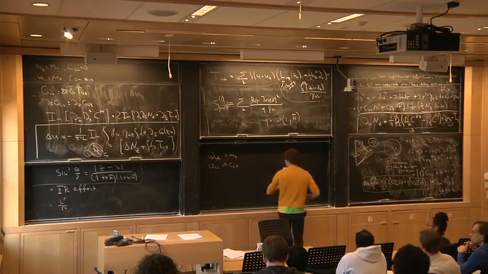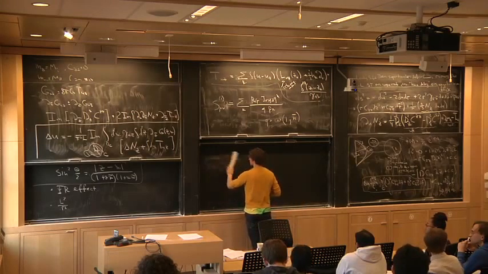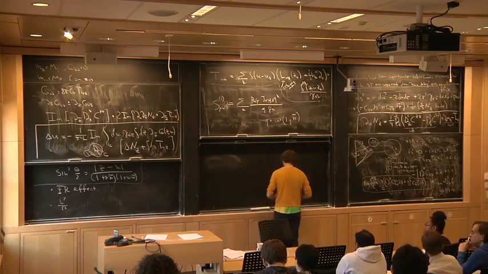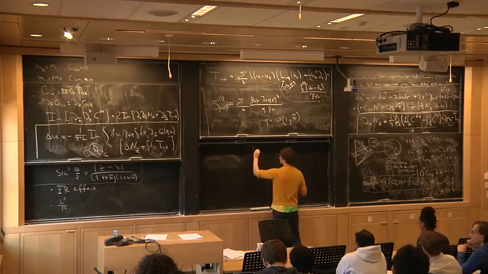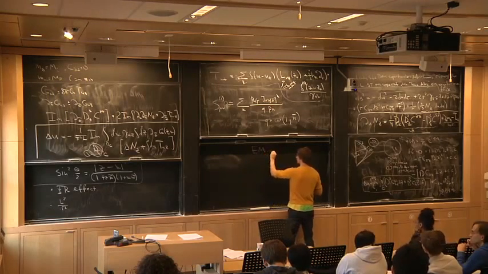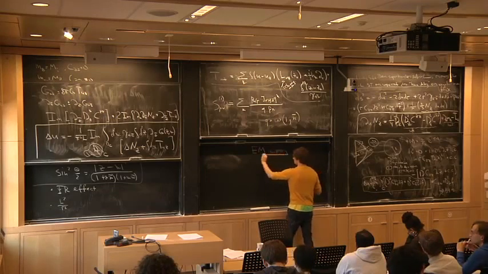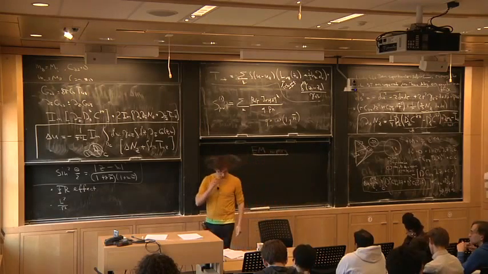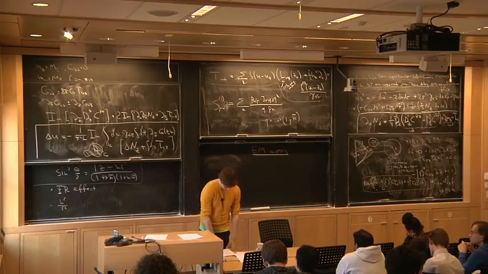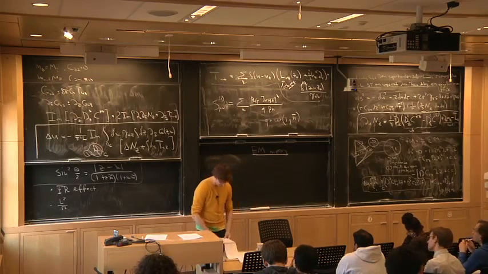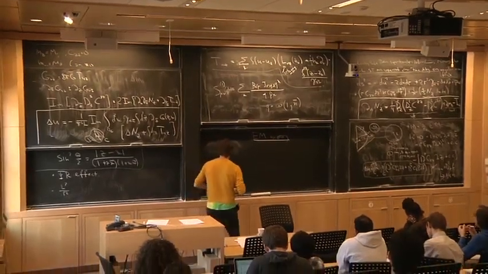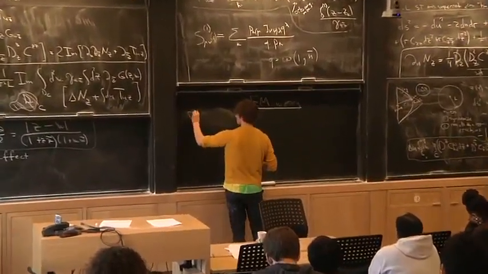Okay, let me just say a couple of words about electromagnetic memory. Let me write one equation and say just some words. So remember the equations of motion are this.